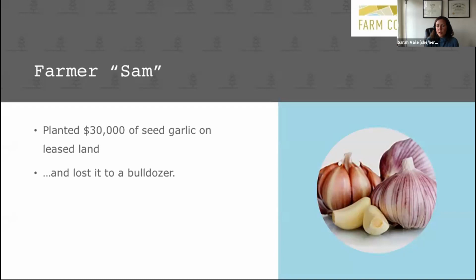It's usually only when the landlord and the tenant fail to come up with their own agreement that state law will kick in. So the bad news for Sam in this case was that default state laws weren't really written for garlic producers. They were written more for commodity style farmers, right? So unfortunately, Sam didn't have a lot of ground to stand on in terms of keeping access to his garlic crop.